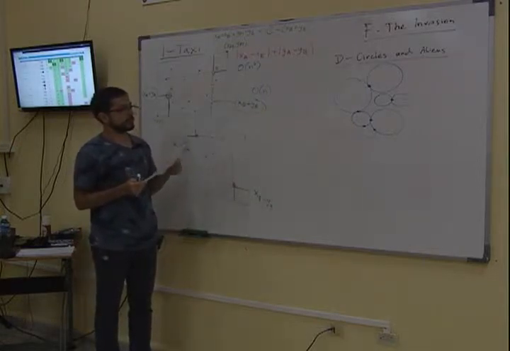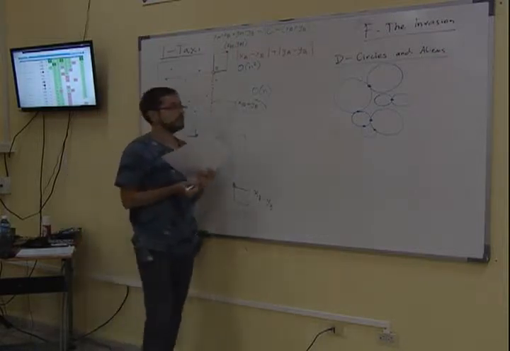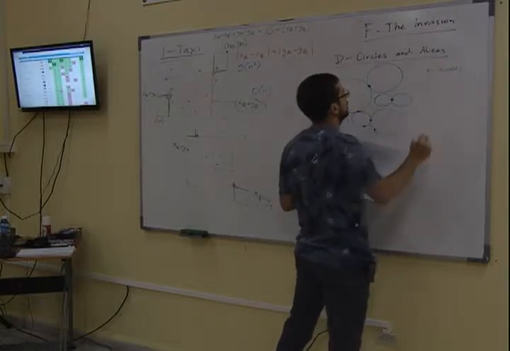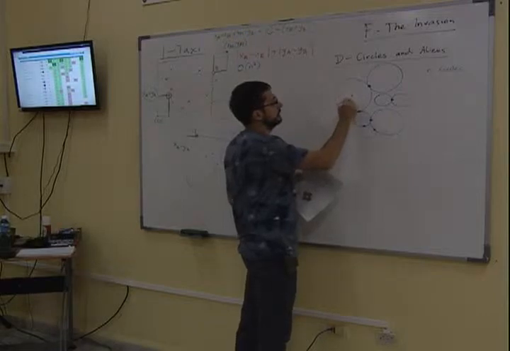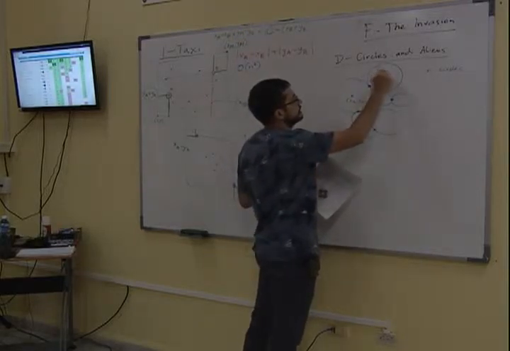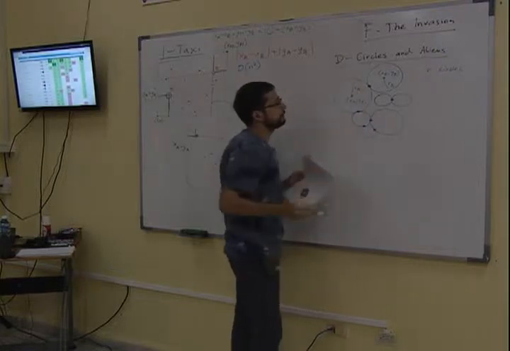Okay. So what can we do? Once again, we have n circles. And if we have xa, ya, xb, yb, and we also have the radii of the circles, so ra, rb.